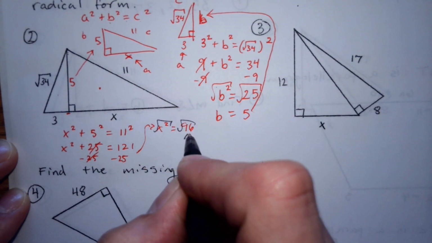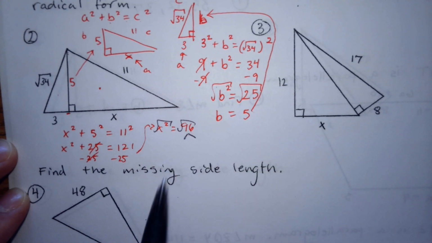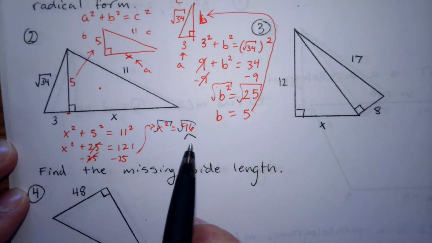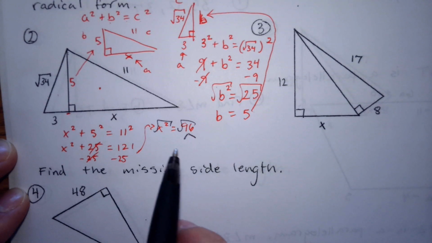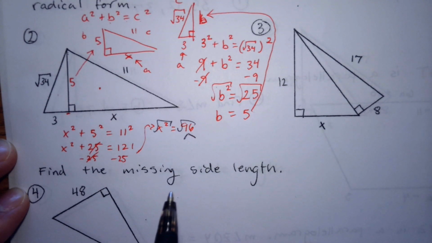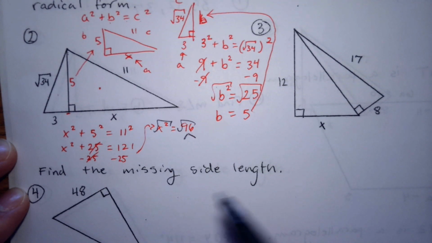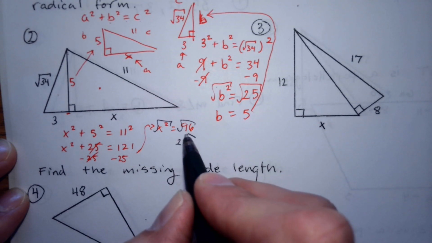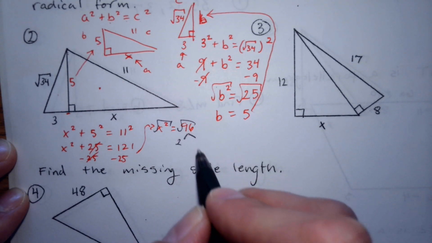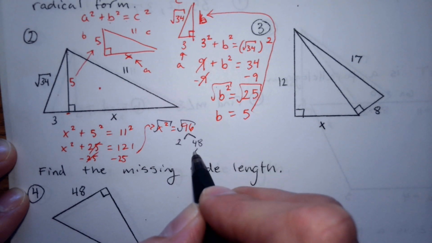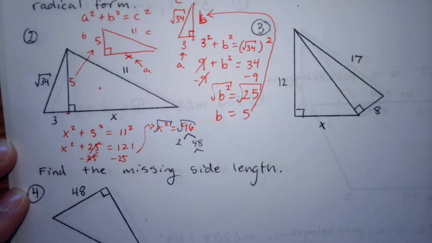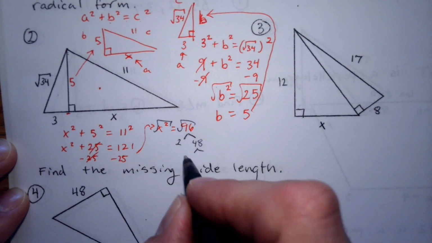Square root, and now I can start to break this down. And this is just simplifying a radical now. So my first thought is, 96, I could divide it by 2. That would be 48. I can break the 48 into 4 and 12.